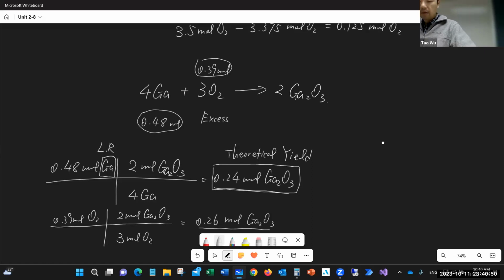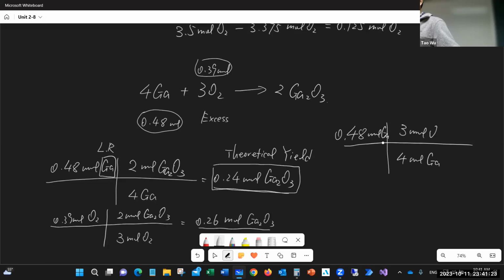Oxygen will be the excess. So to talk about how much remains for the excess, we just need to know how much oxygen has been used up. The difference will be the excess. Now we use up 0.48 moles of the gallium. How much oxygen will be used if we use all the 0.48 moles of gallium? 4 moles of the gallium will react with 3 moles of the oxygen.